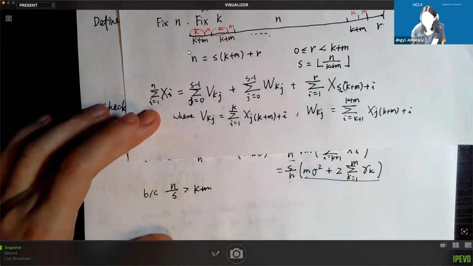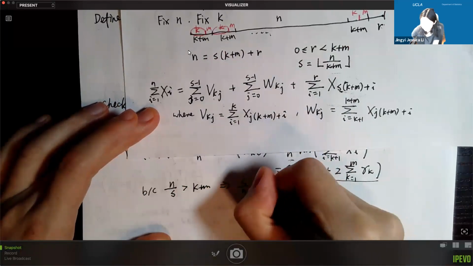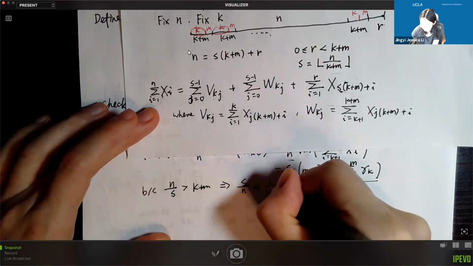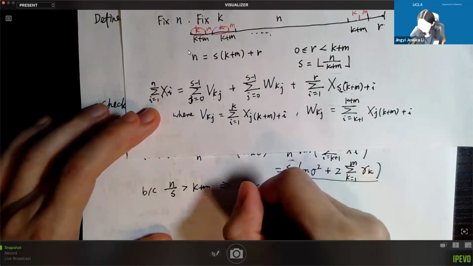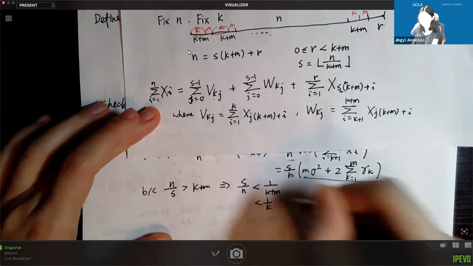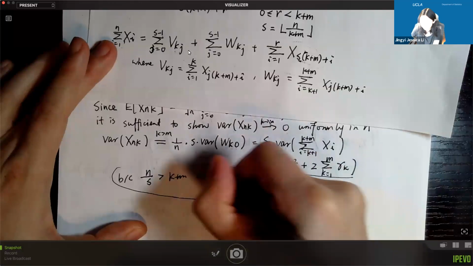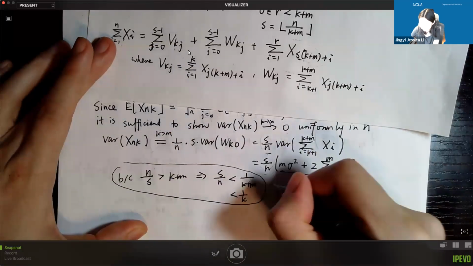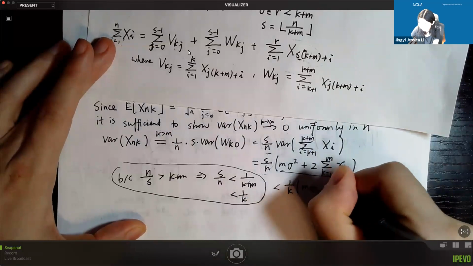So then S over N is less than 1 over k plus m, and this is less than 1 over k. So with this result, the variance here will be less than 1 over k times the constant.